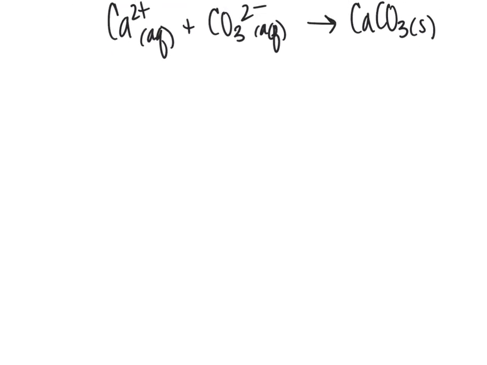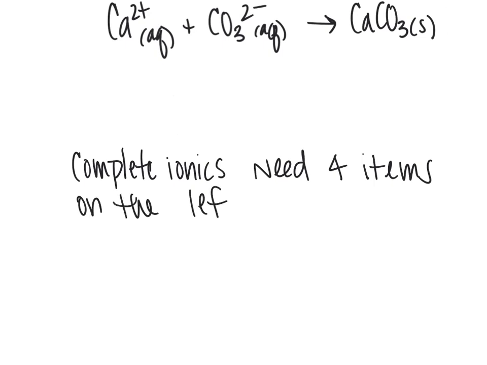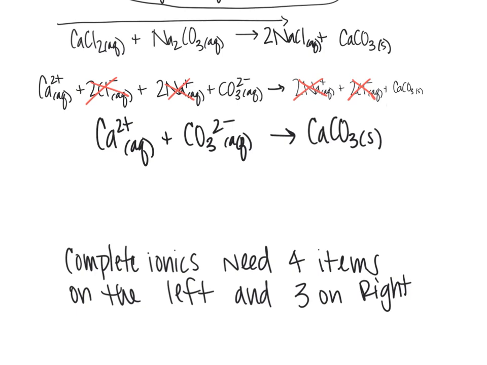So there's a couple of hints or thoughts that I have. A complete ionic needs 4 items on the left and 3 on the right. So what I mean is right here, we see 4 items here and 3 items here.